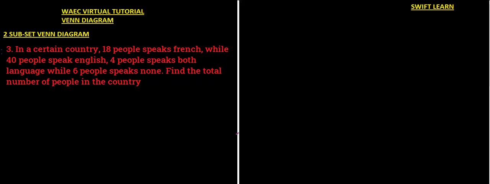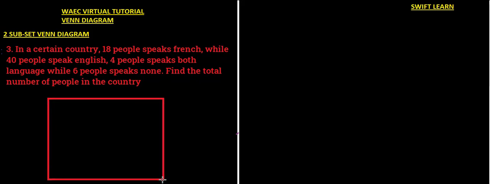Alright, welcome back. If you've solved it, I hope you got the answer. In a certain country, we said 18 people speak French. So let's draw. It's a two subset question, obviously, because it only contains two things, just French and English.